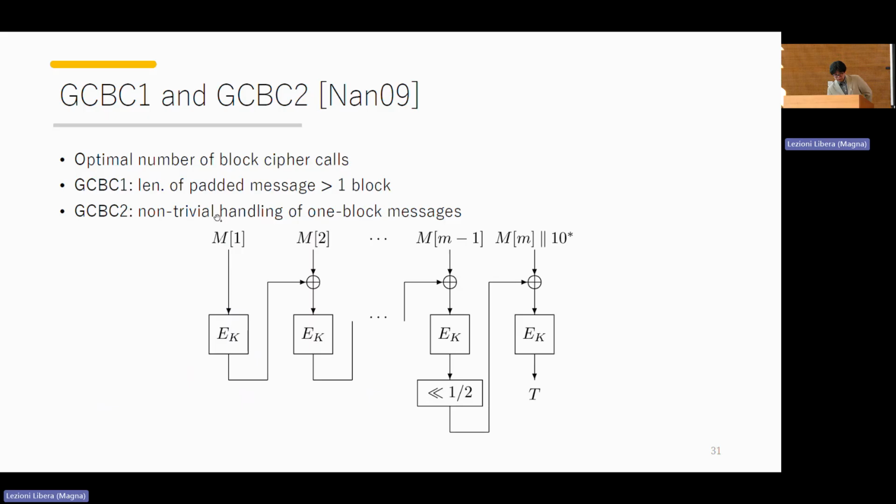There are 2 versions, and for the first one, the length of the padded message has to be more than 1 block, so this one cannot handle the very short input messages. GCBC2 does not have this restriction, but there is a non-trivial handling of 1 block messages. And the definition is not that simple.